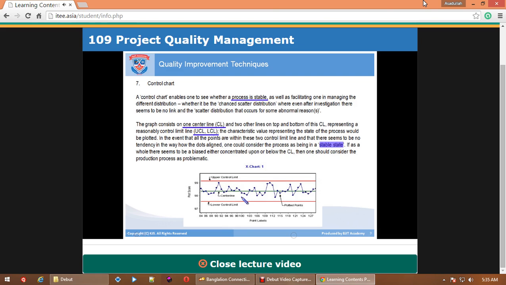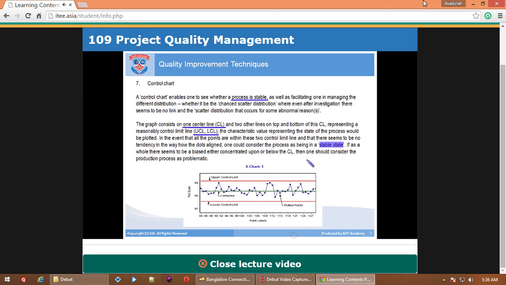That is, all or most of the plotted values fall under the upper control limit and above the lower control limit, and there is no tendency or bias of the values in any specific region, like this region or this region.